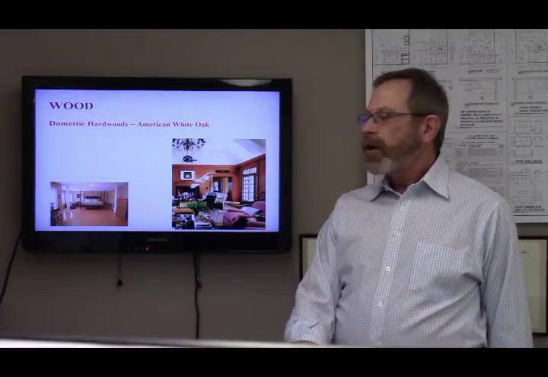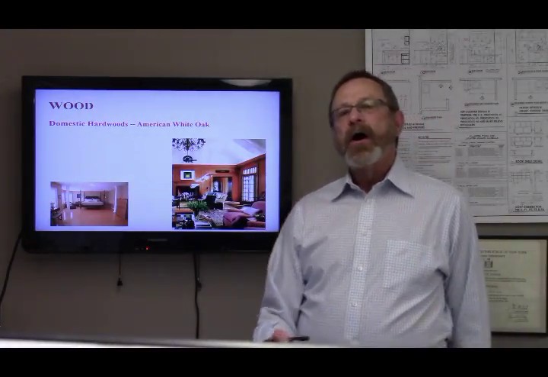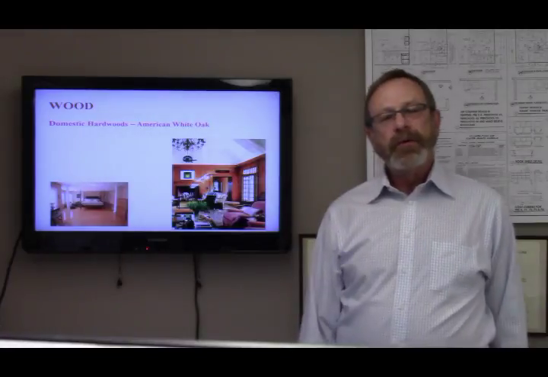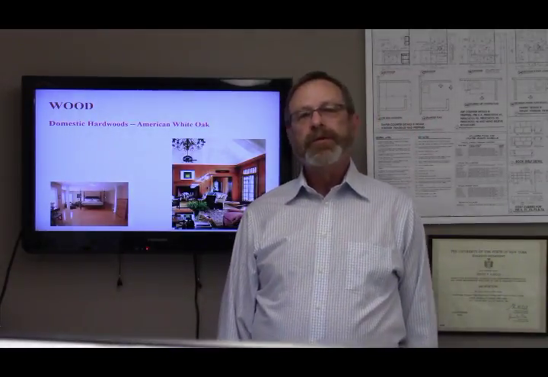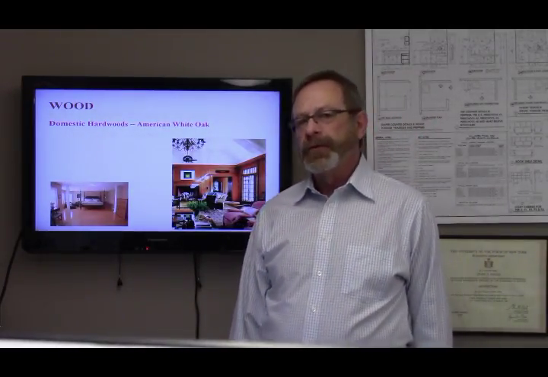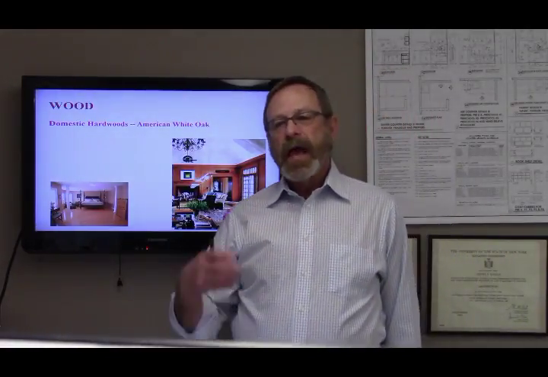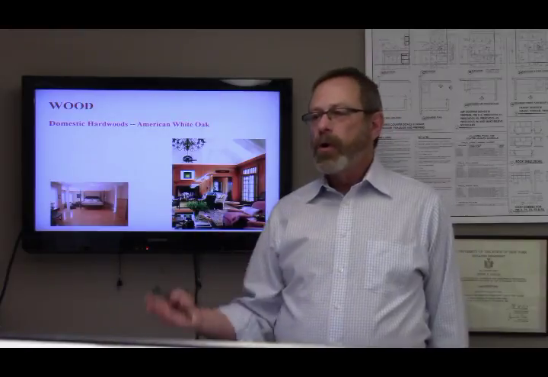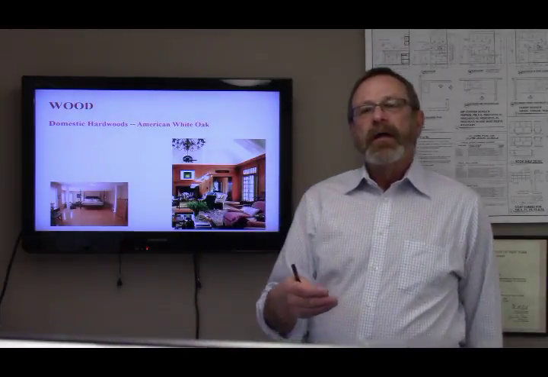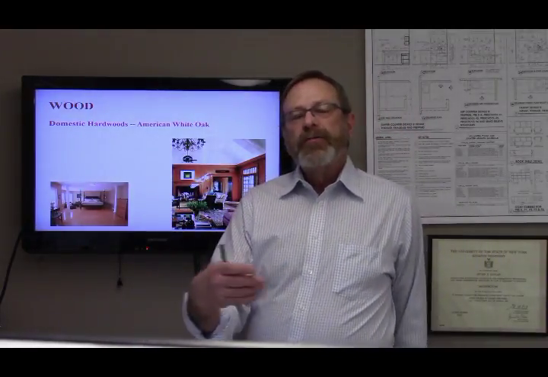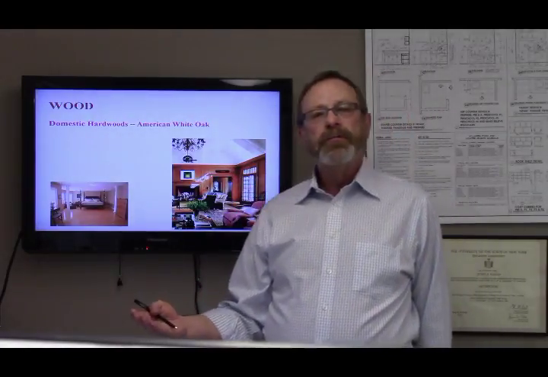This is domestic hardwood that we're going to look at now. Hardwood is generally considered wood from a deciduous tree, a tree with leaves. So it's the type of wood that we would normally see as a finished product on a podium or a piece of furniture. Something that our eye is going to see is generally hardwood.